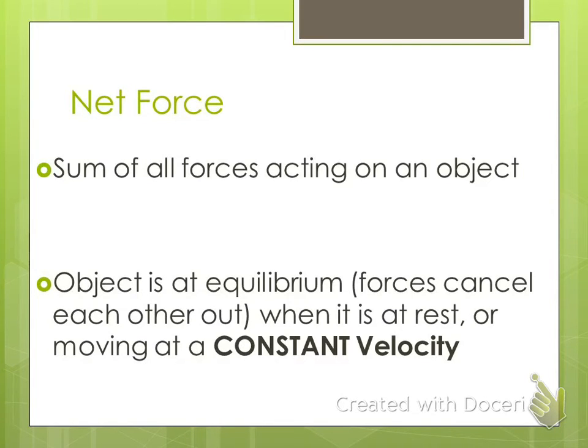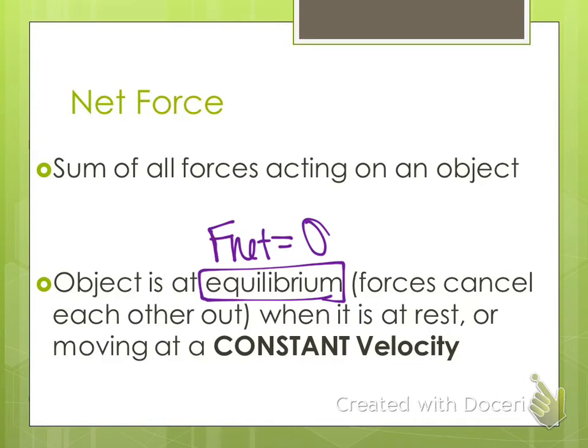We consider an object to be at equilibrium when it has a net force of 0. So I'll write that up here. Equilibrium means net force, so F sub net equals 0. And that's how we write our net force, with F sub net.